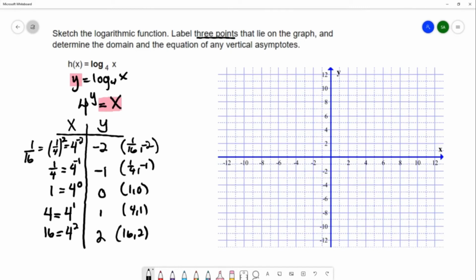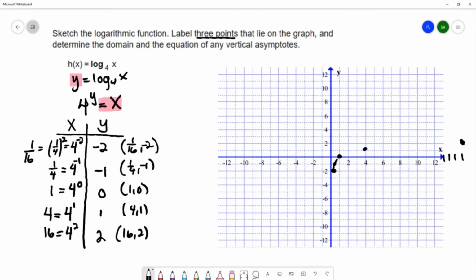I'm going to plot these ordered pairs. 1/16 and -2 would be about here. 1/4 and -1 would be about here. 1, 0 would be here. 4, 1 and 16, 2. So 12, 13, 14, 15, 16 is a little off my grid, but we can still see it about right here.